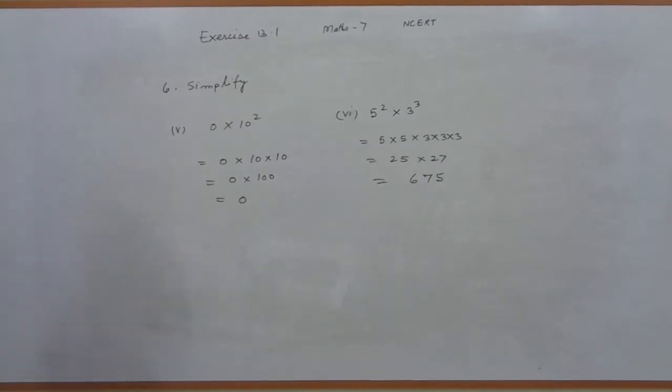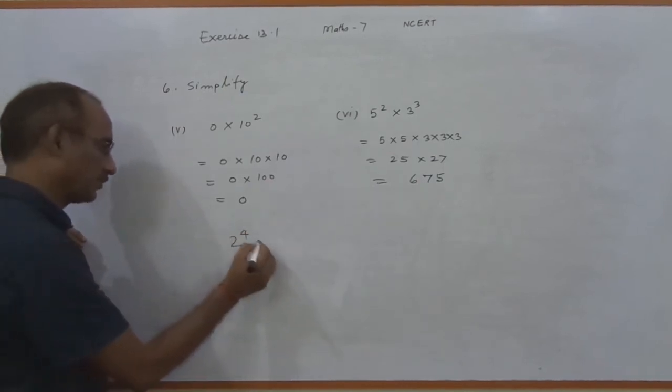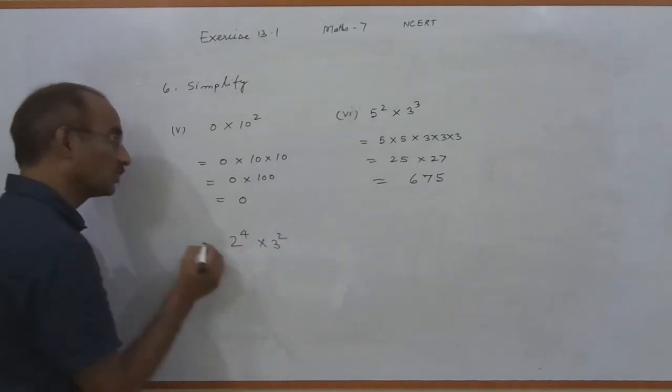Now come to question number 7. It is 2 power 4 and 3 power 2. 2 raised to the power 4 and 3 raised to the power 2.